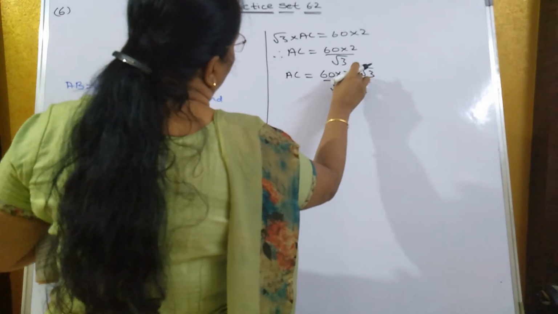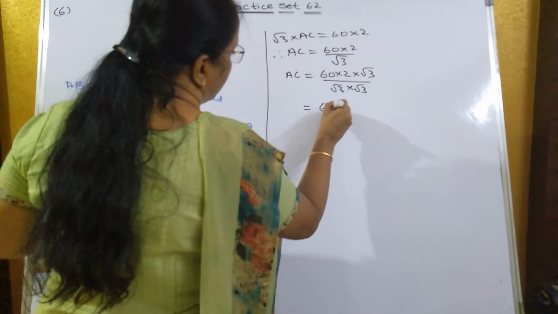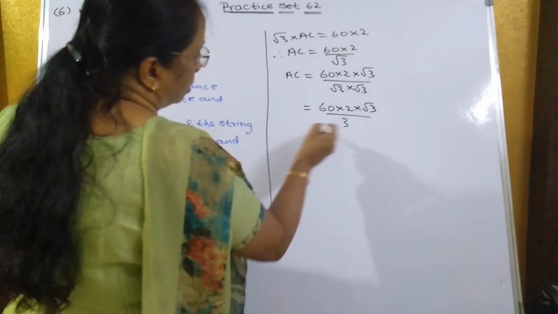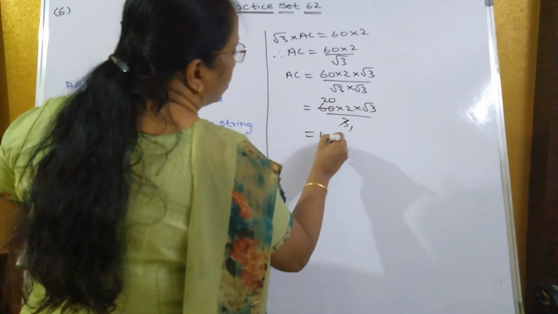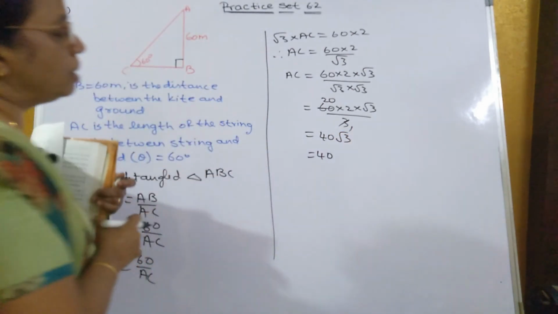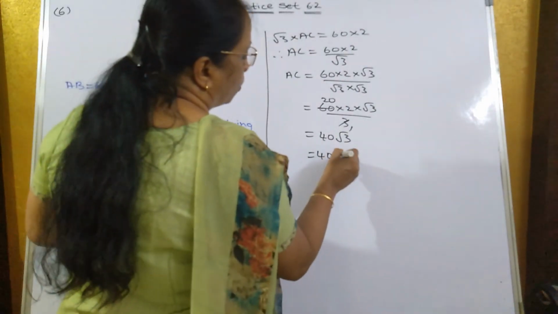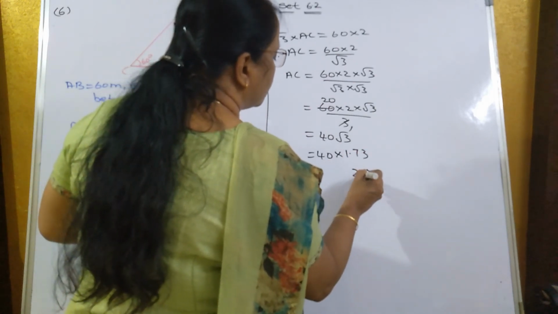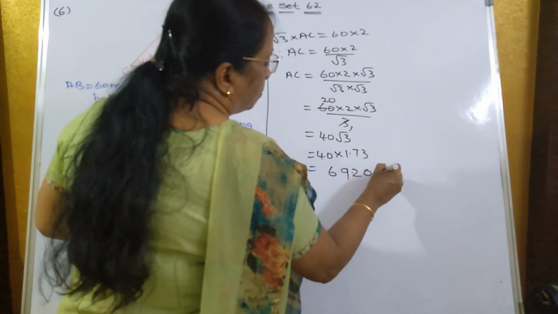In the numerator and denominator, multiply by root 3. So what you will get? 60 into 2 into root 3, and root 3 into root 3 is 3. 3 twenties are 60, so 20 into 2 is 40 root 3. Now in this sum they have given in the bracket the value of root 3, that is 1.73. So 40 into 1.73 is 69.20 meters.